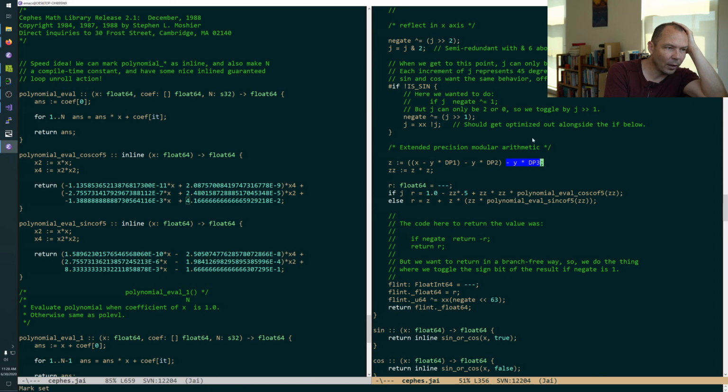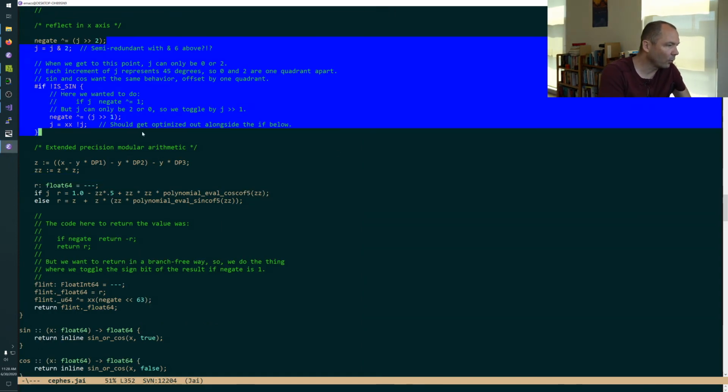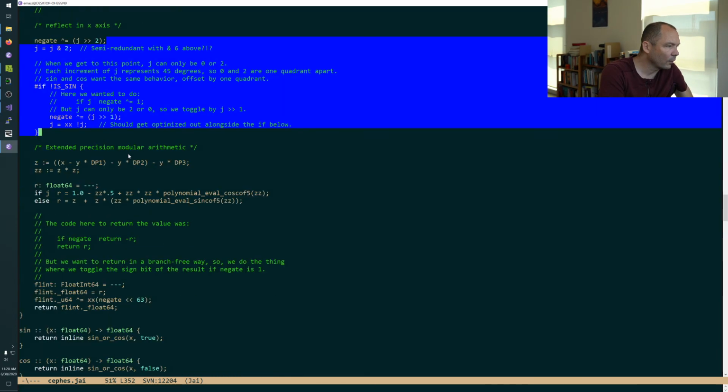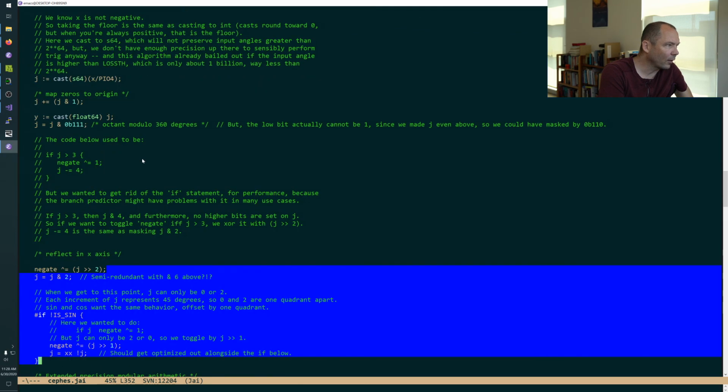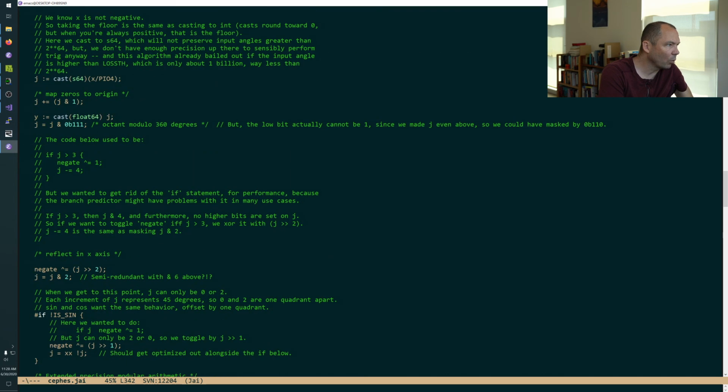And so, like a bunch of this code could move down into here and probably does, right? Because this is all integer and we're not using it for a while. So I would expect that actually, where's our computation of y?